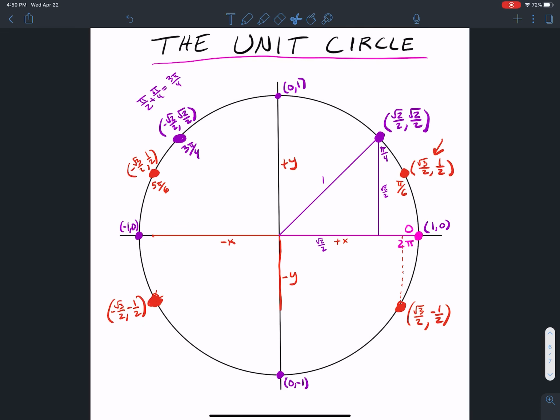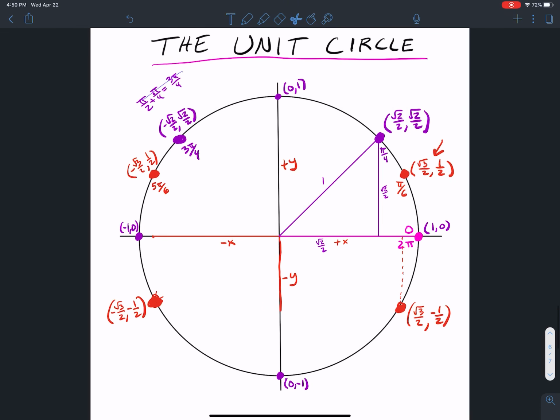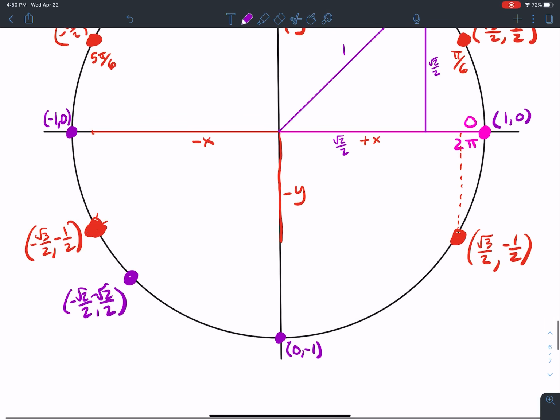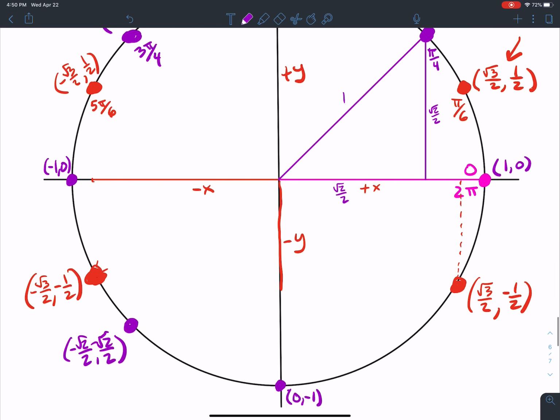All right. Now what about down here? Okay, it's a negative x and a negative y. So I get negative square root 2 over 2 and then negative square root 2 over 2. How do I get down to there?